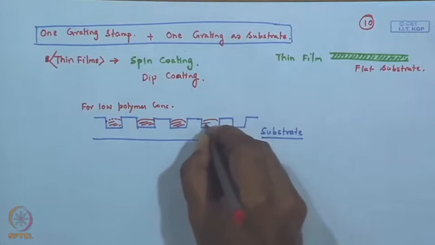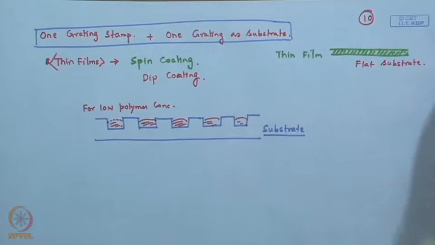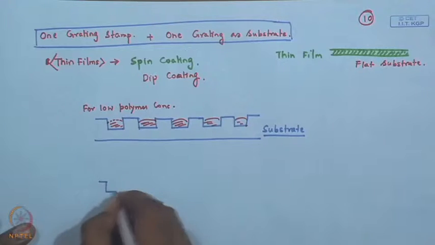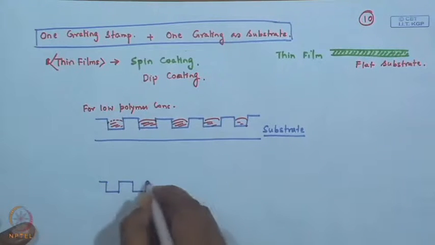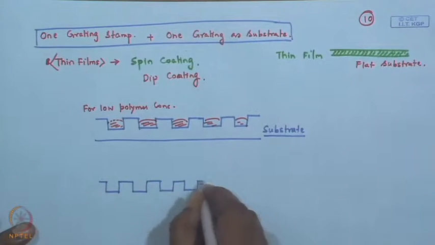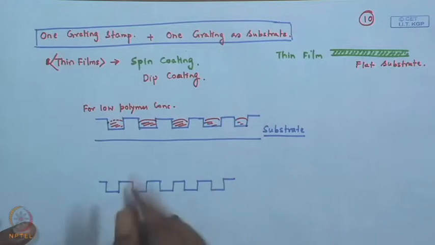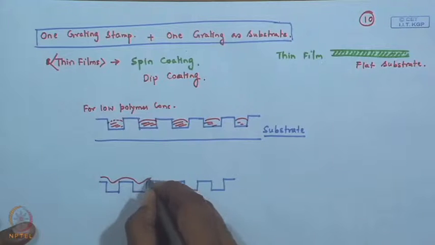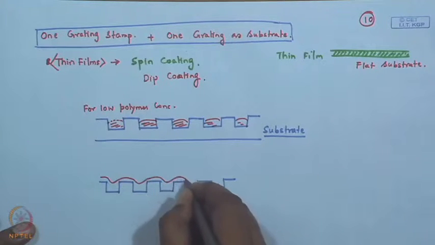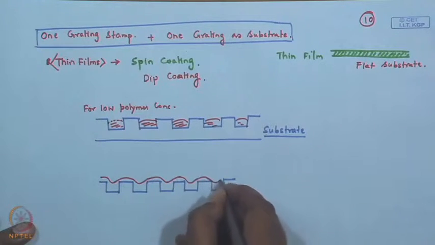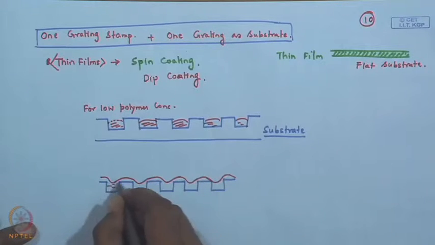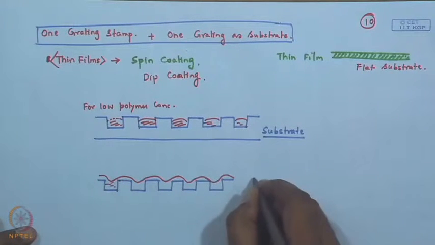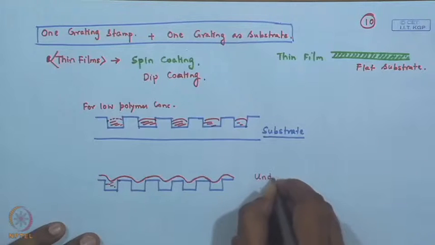And if your polymer concentration is high enough, probably you will get a film which is fully covered, but still you have an undulating top surface.